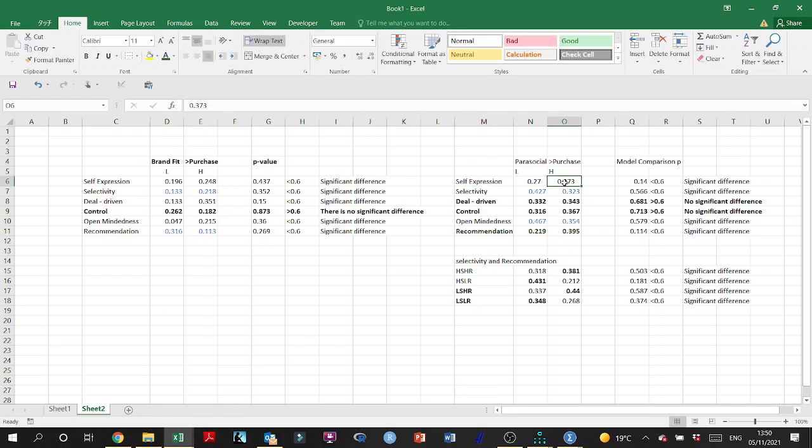So this is 0.3, this is 0.3, this is 0.3, 0.3. Apparently here high selectivity is the highest among them all. Well, actually here, open-mindedness, but in the opposite sense. So we need to find out also the relationship between open-mindedness here and recommendation-driven, for example.